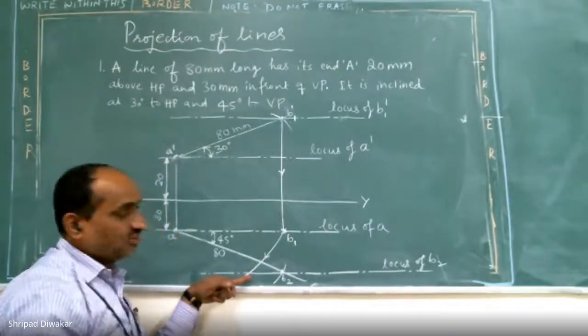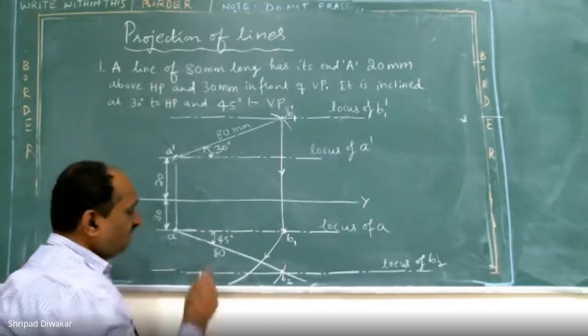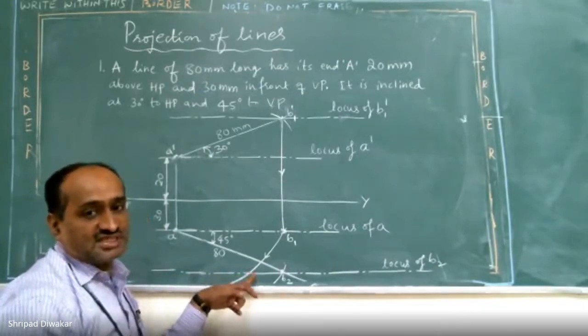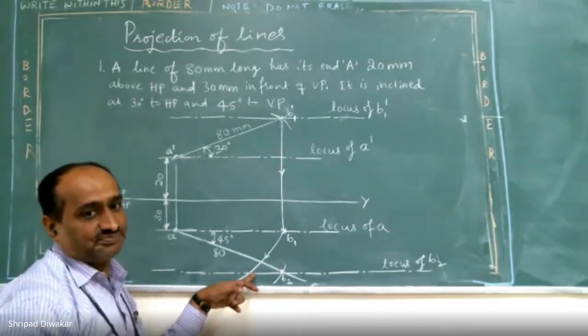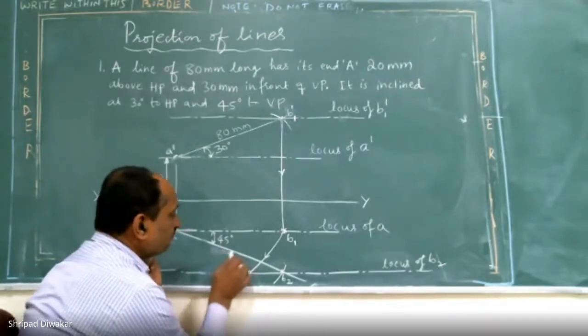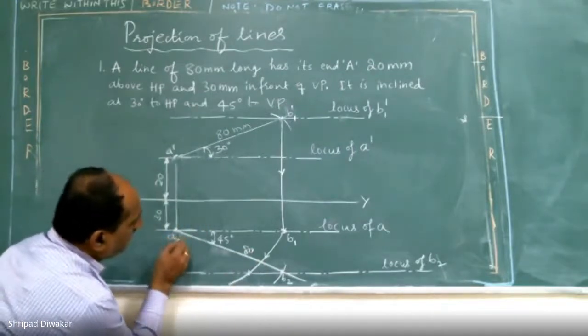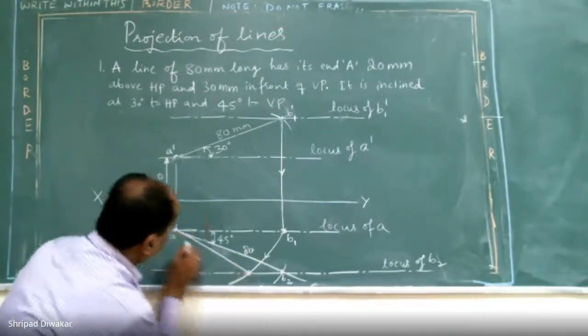It cuts the locus. That's why I said you have to draw one complete locus line. So it cuts the locus line at some point. Understood? Now you join whatever you are having. You have to join this line.